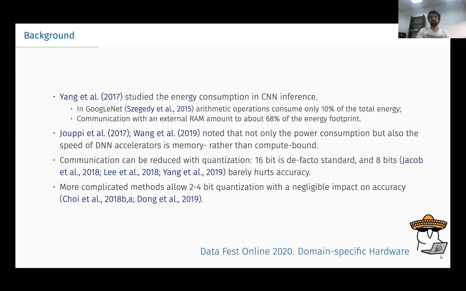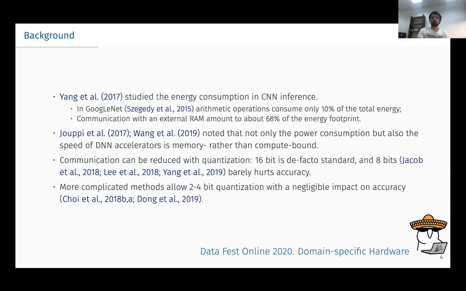Moreover, some papers like the TPU paper by Google and others noted that not only power consumption, but also computational speed of accelerators is often memory bounded. And people are fighting this with different approaches. For example, the amount of cache grows really fast nowadays in CNN accelerators. People are pushing hundreds of megabytes of cache to get faster communication with the memory.